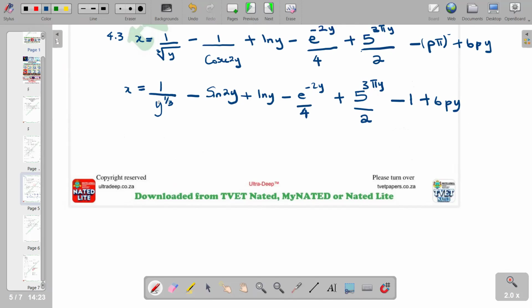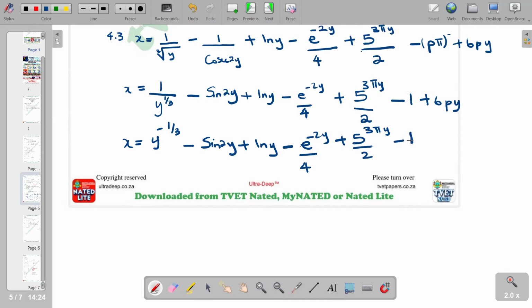Then we convert, because this one cannot be differentiated, we need to put it on the numerator. So our x is equal to y to the power negative 1 over 3, minus sine 2y, plus ln y, minus e to the power negative 2y all over 4, plus 5 to the power 3 pi y all over 2, minus 1, plus 6py.